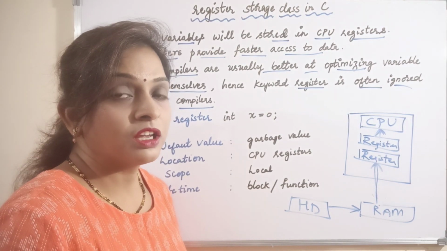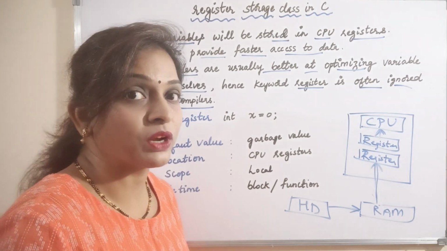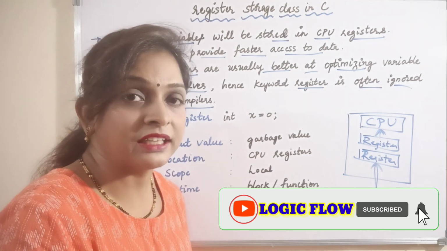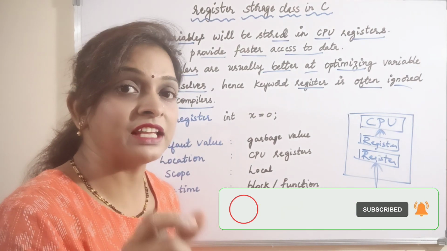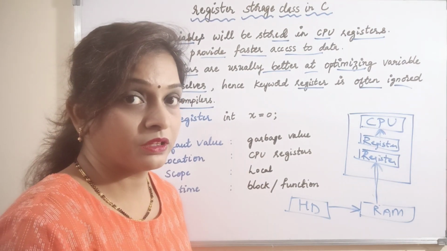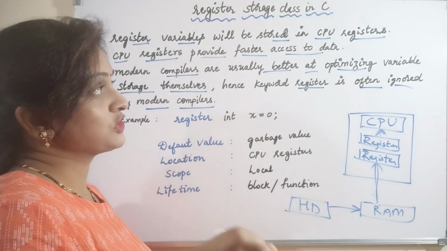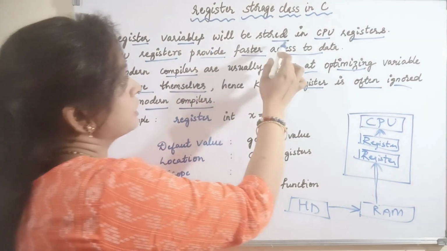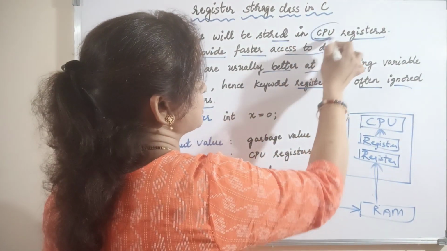So when I use this register storage class, it is a straight instruction to the compiler saying that the data has to be stored inside the CPU registers, not inside the RAM. What actually is register and how to use this, let's see now. Register variables will be stored in CPU registers.